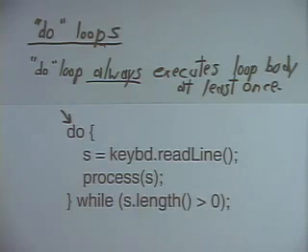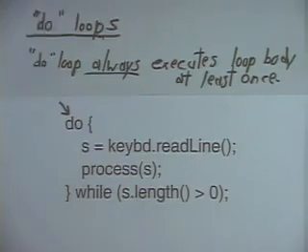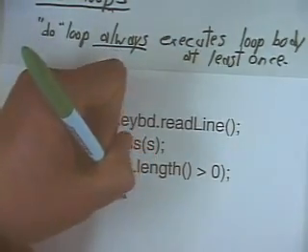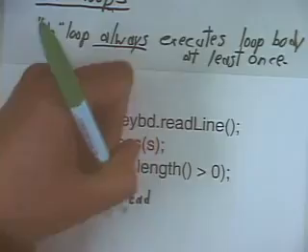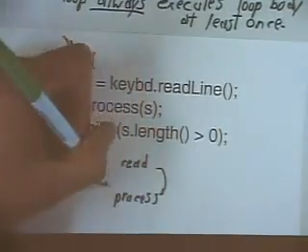So we use a do loop. It guarantees that this gets executed at least once and reads something from the keyboard before deciding whether to quit. But the way to look at this particular loop is that it's doing two things over and over again. It's reading from the keyboard, and it's processing whatever it reads.